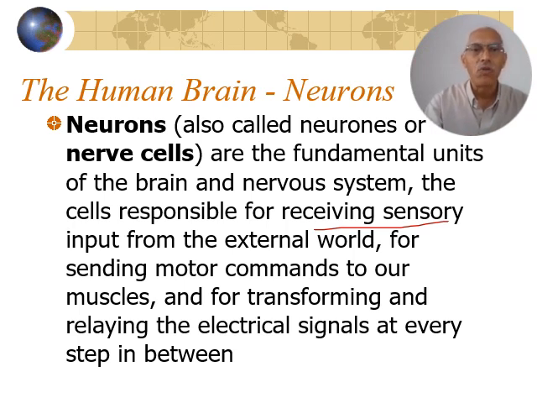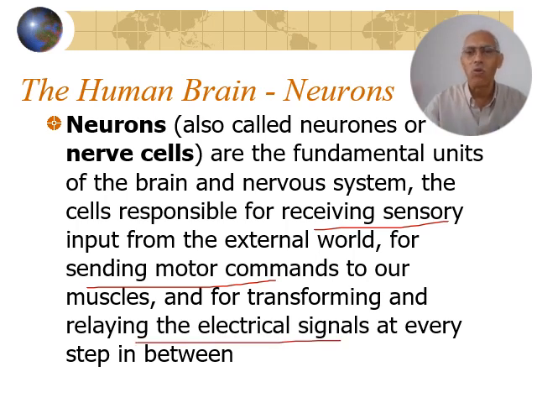Not only that one, but also sending motor commands to our muscles for actions, transferring and relaying electrical signals at every step in our body. So everything in our body for our functioning, getting information, processing it, sending it out for action, and all of those things happen because of these teeny tiny things that we have. So many of them as well in our brains and in our nervous system, the neurons.